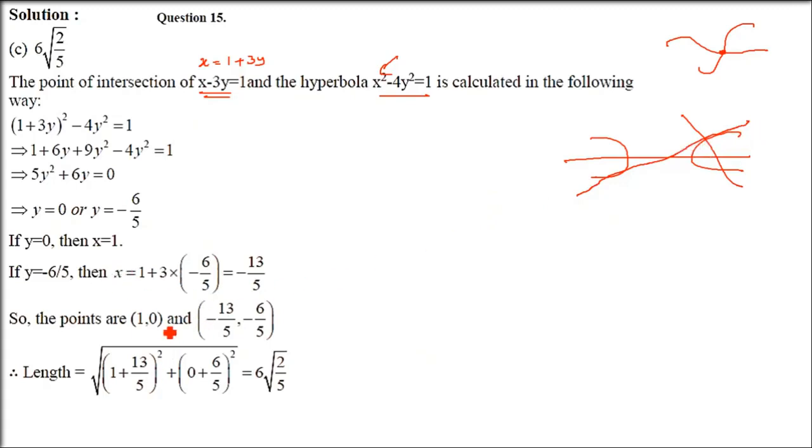So these 2 points are these. Now we have to find out the distance. The question is asking about the length. These 2 points, the distance is to be found out, right? Distance has to be found out. So (y2 minus y1) whole square, (x2 minus x1) whole square. So you have 6 root 2 by 5. So C is the answer. C is the option.